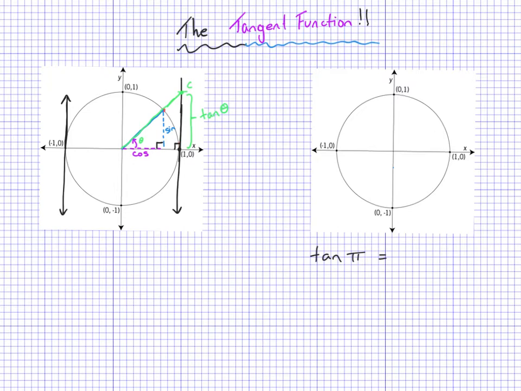Now, to show you a little bit more information about it, we can use similar triangles, so I'll name some points here. This point here is the origin, called O. This point here is the point we're interested in, and we'll call it P. We'll call the bottom here D, just for a letter, and we'll call that point there A. So now I have two triangles.